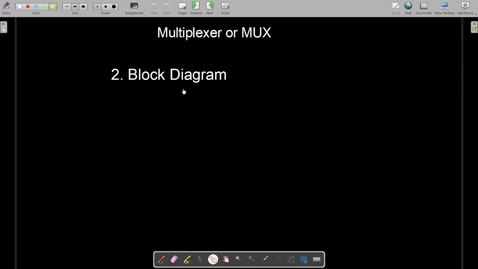The second step is drawing the block diagram based on the problem statement in the definition. This block is trapezoid in shape. We name it as MUX.